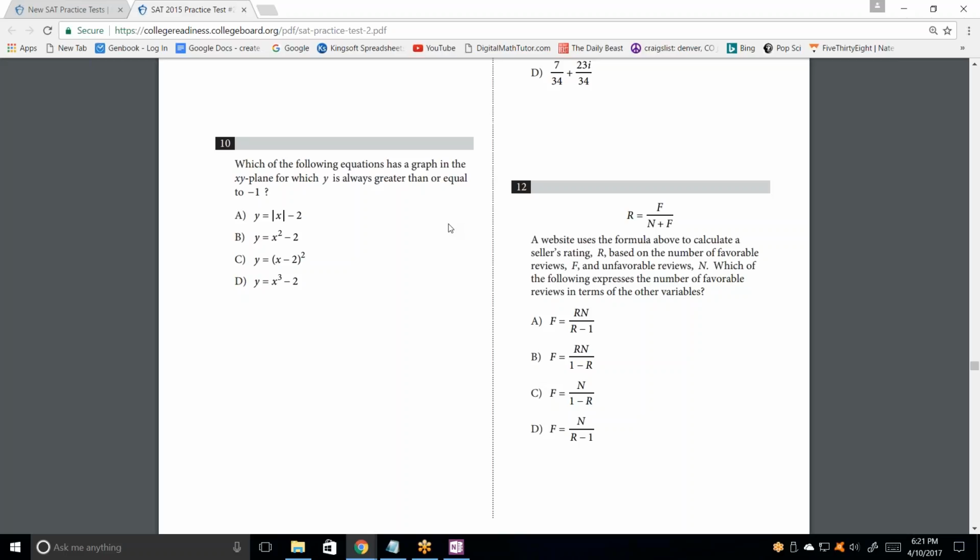Which of those y functions, which are functions of x, is always greater than or equal to -1?